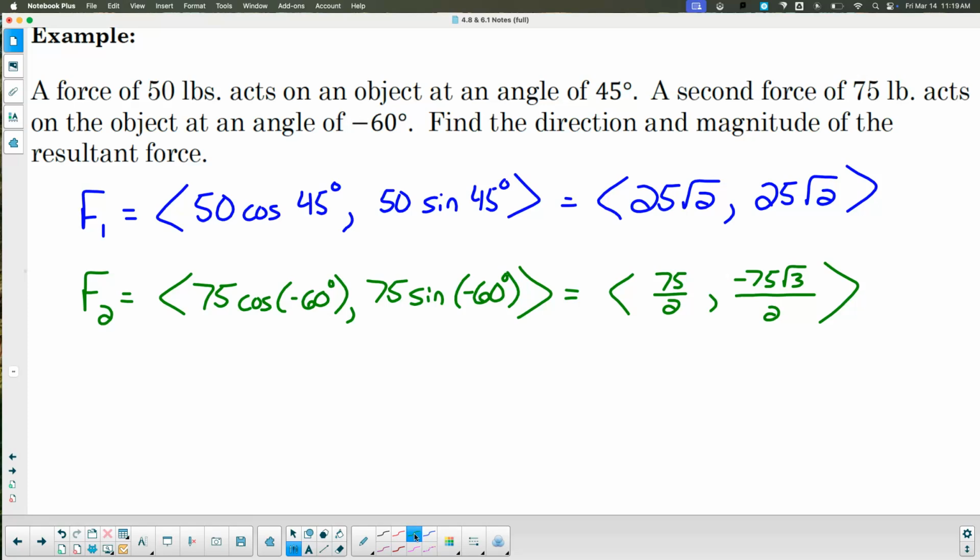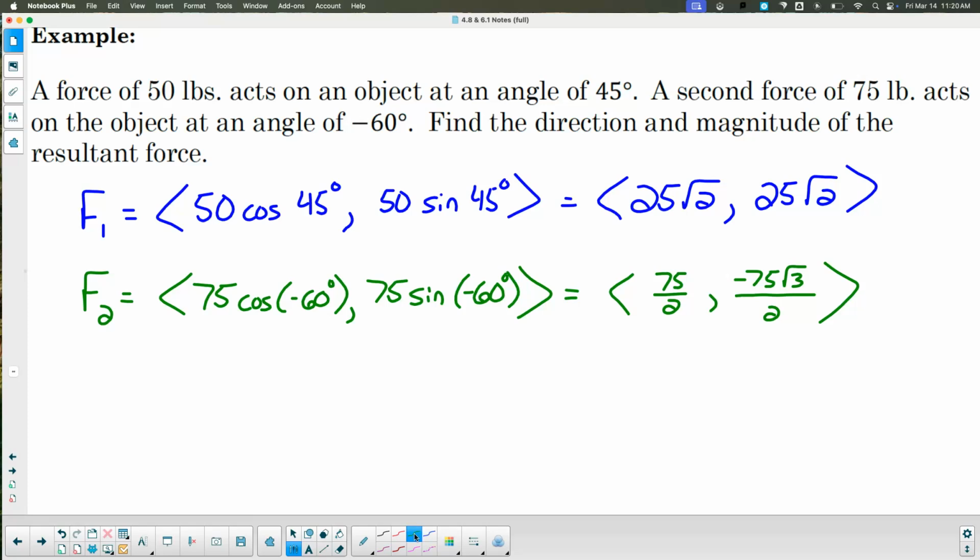I need my glasses on so I can actually see something here. 25 square roots of 2 plus 70.